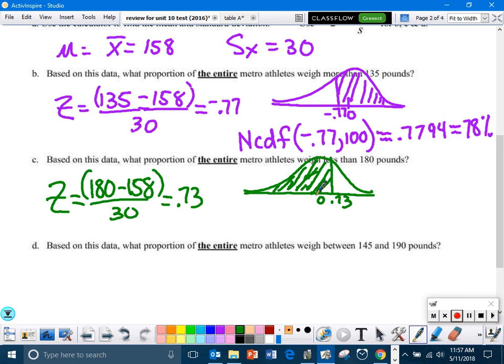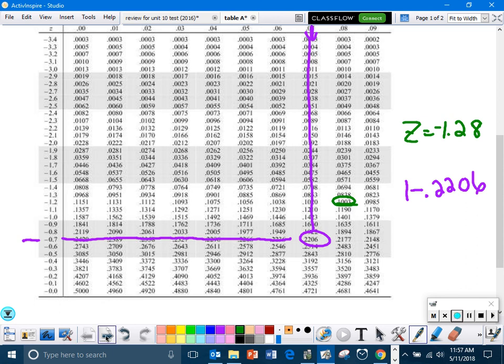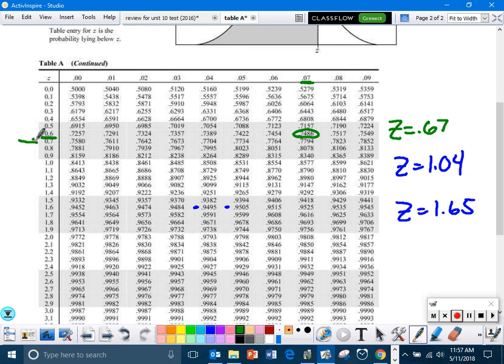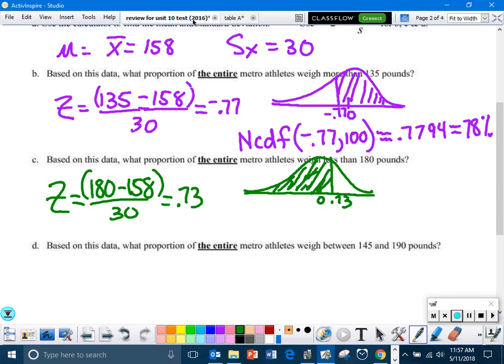So I'm going to go to my table. I'm going to go to the positive side of my table, and I'm going to go to 0.73. Okay, 0.7 is right here, 3 is right here, so I'm going to go across. I'm going to come down, and 0.7673. And that's what's to the left. So that's using the table. On the calculator, I'm going to go normal CDF.